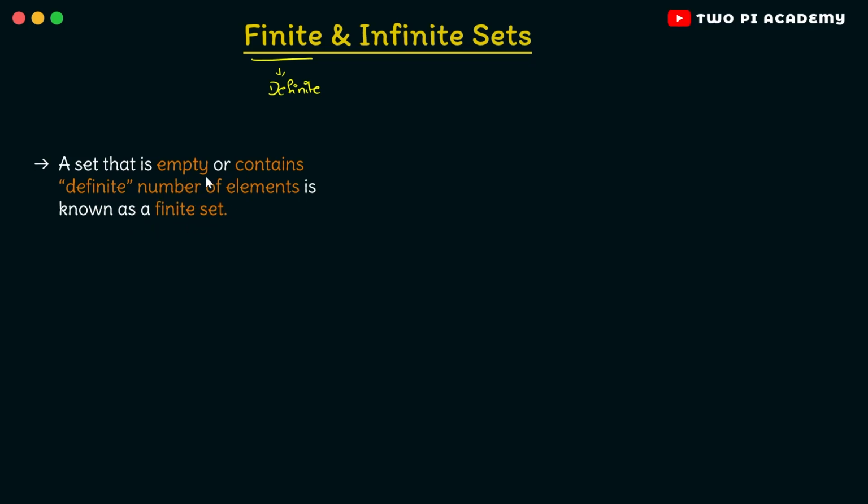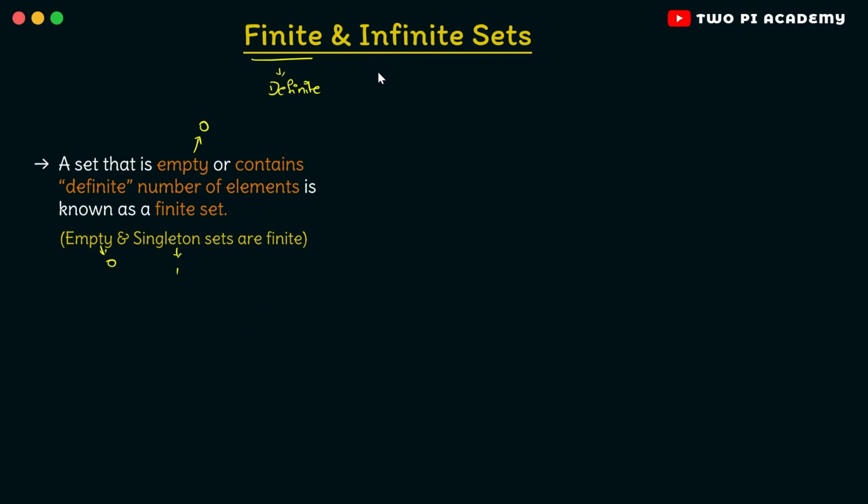So it can either be empty or it can have definite elements. Clearly, empty just means that there are zero elements, right? There is a definite number. So therefore, empty sets are also finite sets. So empty and singleton sets are finite sets, because as we have said, the empty set has zero elements and a singleton set has one element. So both of those are finite.